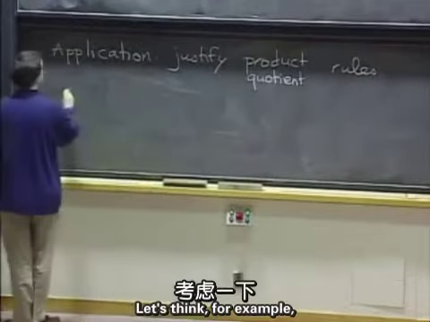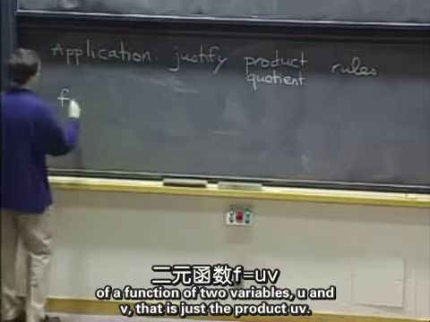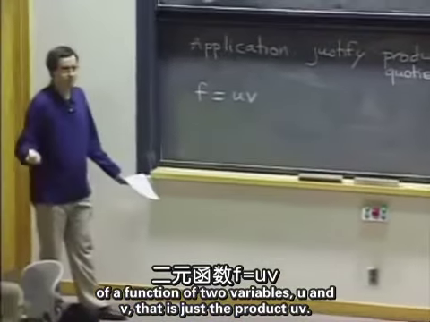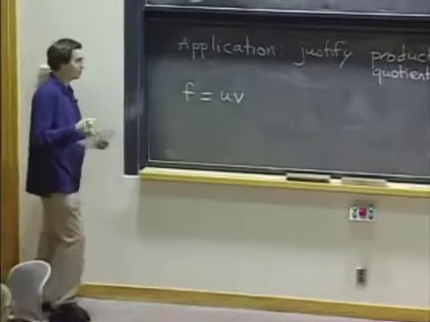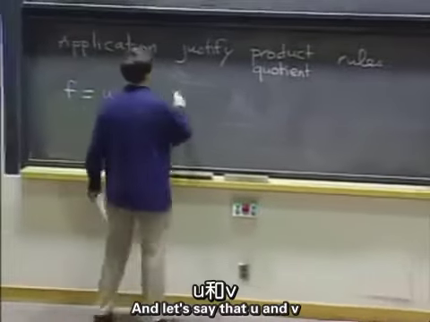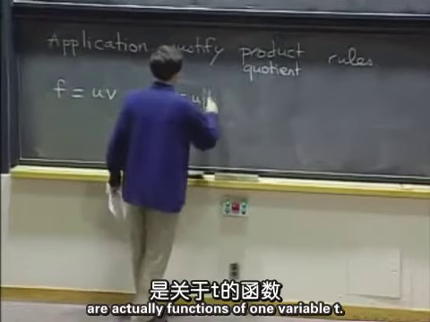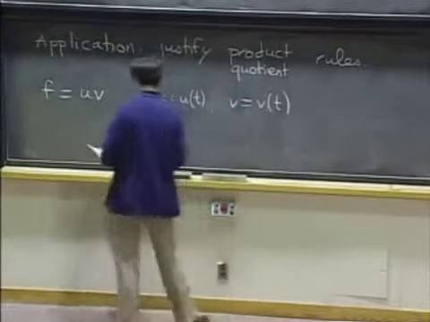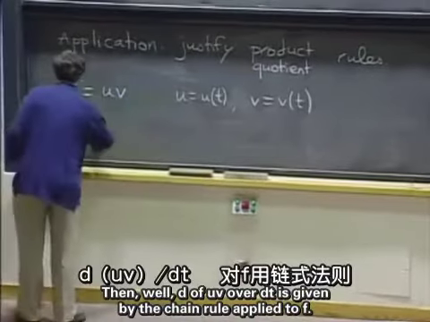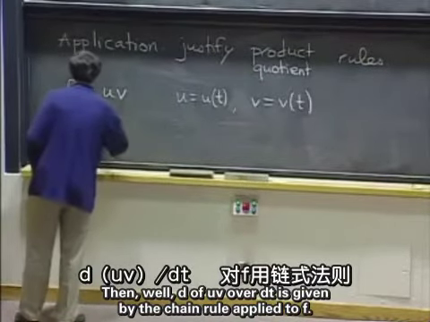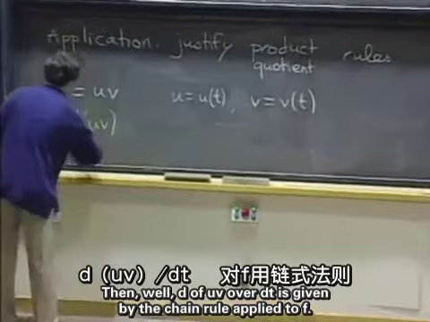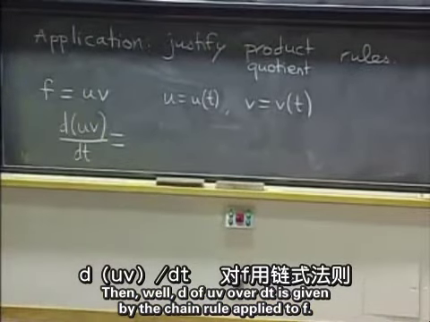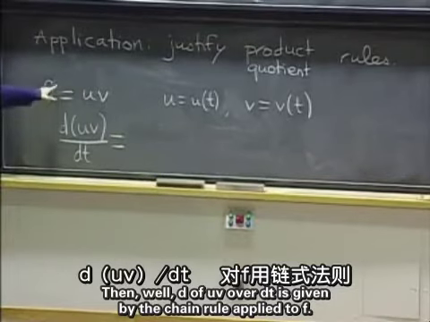So let's think, for example, of a function of two variables, u and v, that's just the product uv. And let's say that u and v are actually functions of one variable t. Then d of uv over dt, which is df dt, is given by the chain rule applied to f.